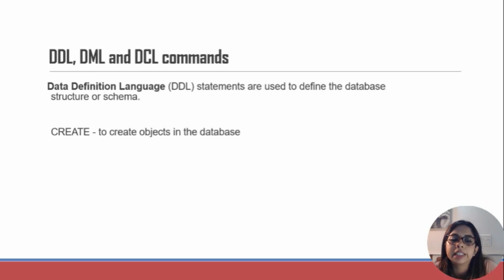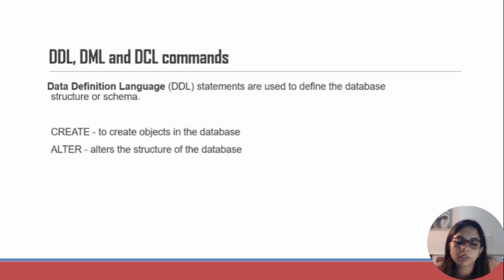DDL first. Let's learn about DDL, data definition language. When you are actually defining the database or defining the structure or schema, it will be DDL statements. Create is the first example of DDL, like you're trying to create the entire table, right? That has to be DDL because you're defining the structure and the schema of the table.